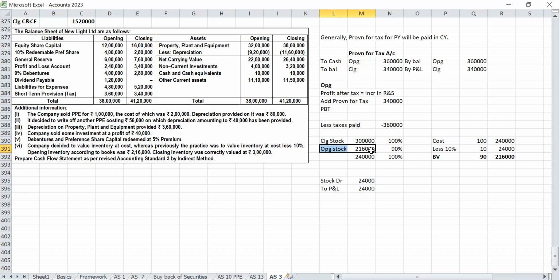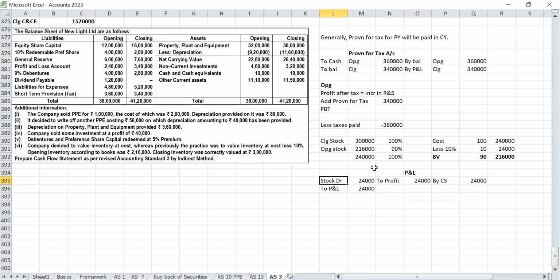So the profit I have computed is based on 2,16,000, not 2,40,000. If closing stock increases, what will happen? In the profit and loss account, closing stock comes on this side. So if I add 24,000 to the previous year closing stock, profit will also increase, assuming there is no other adjustment.